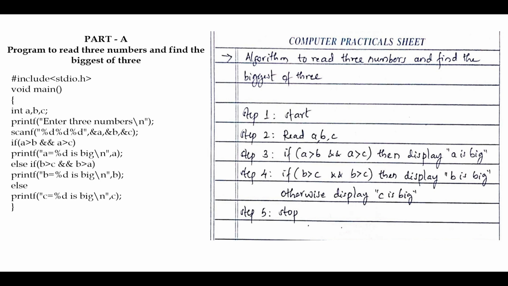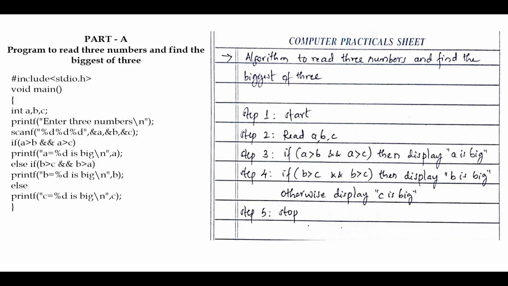Otherwise, if B greater than C and B greater than A, then we display B is big, otherwise C will be big. And the last step is stop. Just make the correction that in the fourth step, it should be if B greater than A and B greater than C.